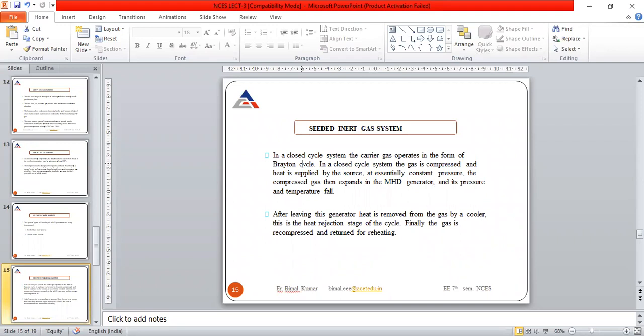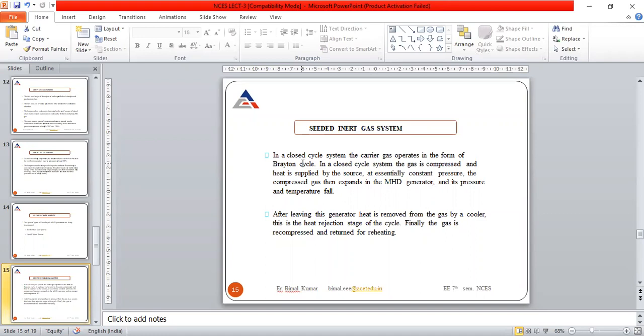The gas is compressed and heat is supplied by the source at essentially constant pressure. The compressed gas then expands in the MHD generator and its pressure and temperature fall. This is as per the Brayton cycle.